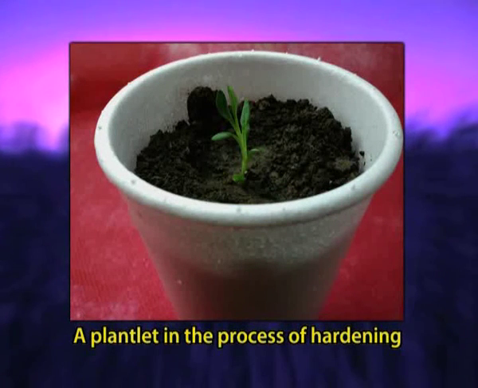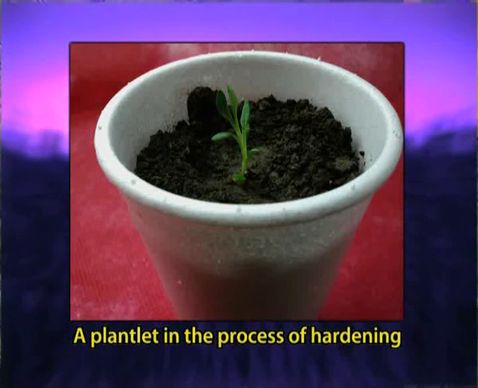Once we bring the plant out of culture, it needs time to adjust to natural environmental conditions. Plants are carefully removed from the media and transferred to soil or potting compost for continued growth by conventional methods.